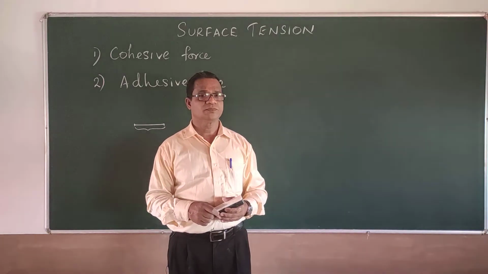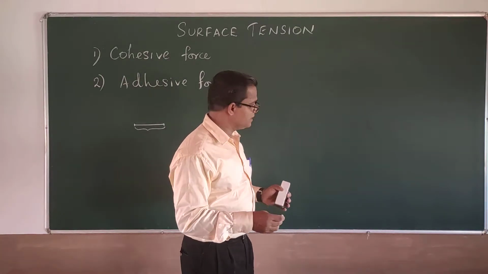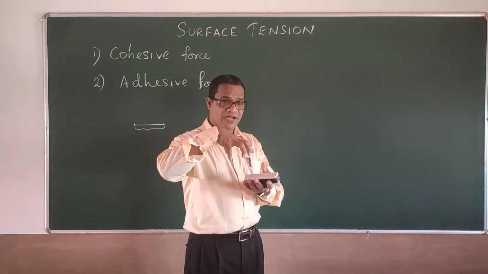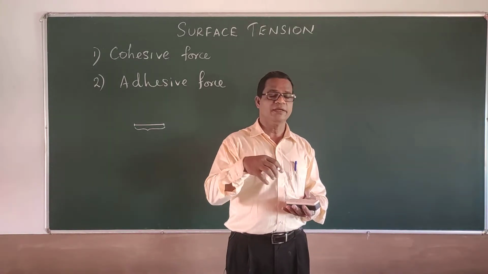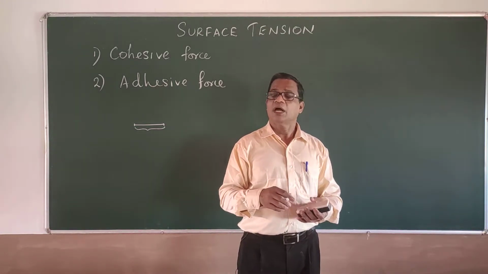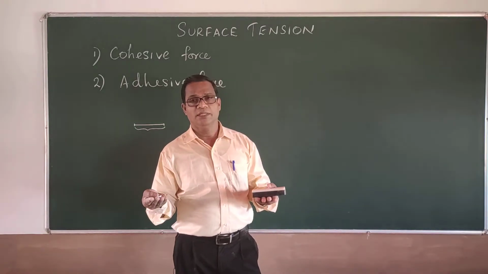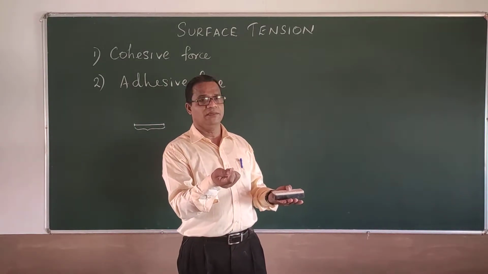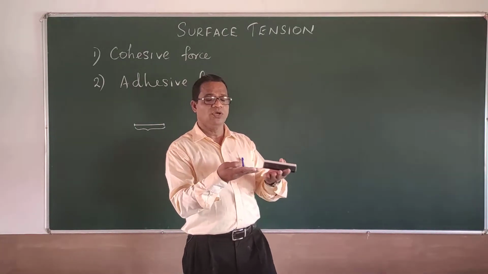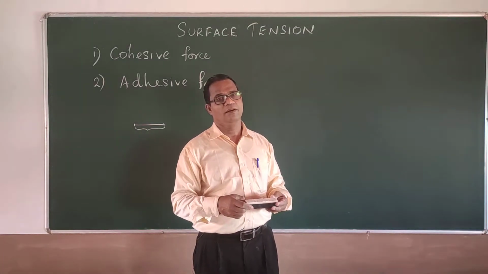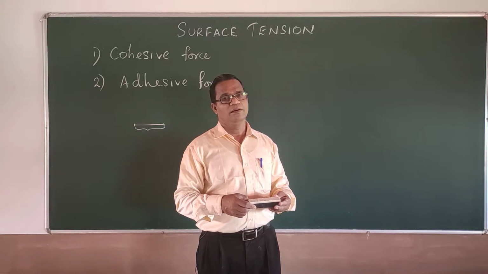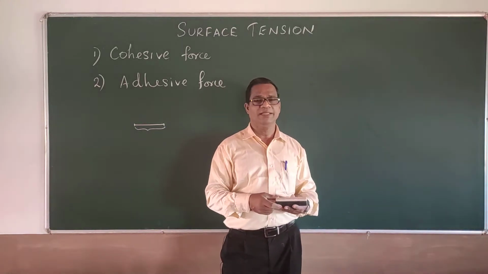You might have seen that an insect can walk on the surface of the water without sinking. And also you can keep a small piece of metal blade on the surface of water without sinking. A small pin also can be kept like that.